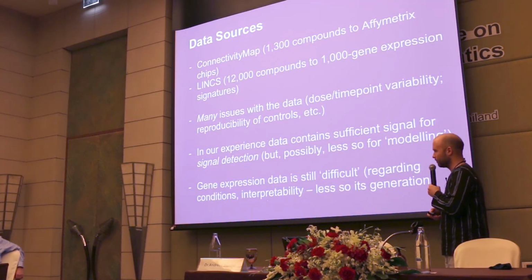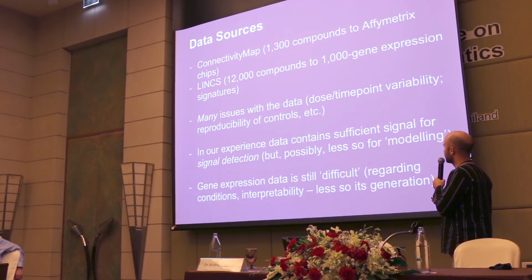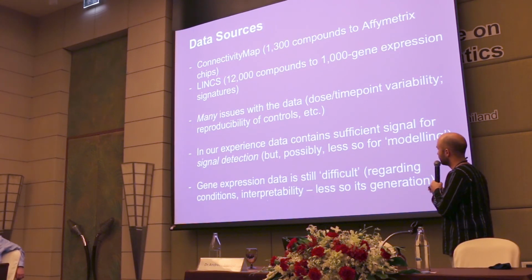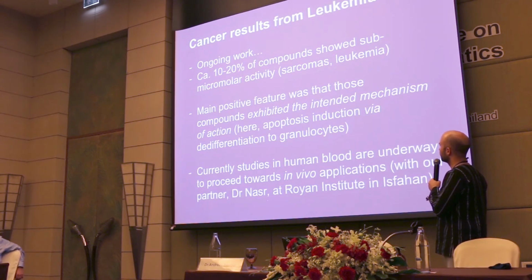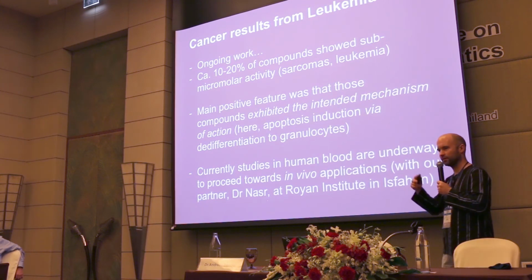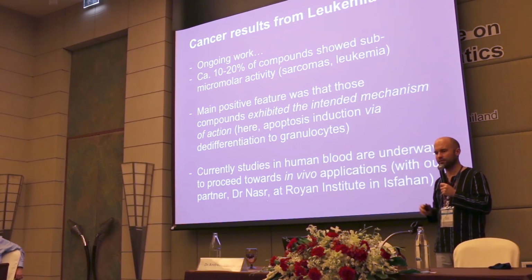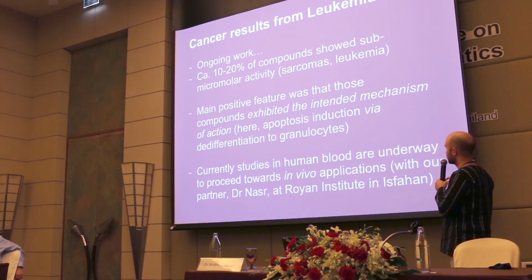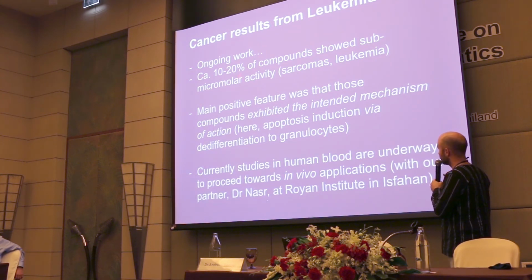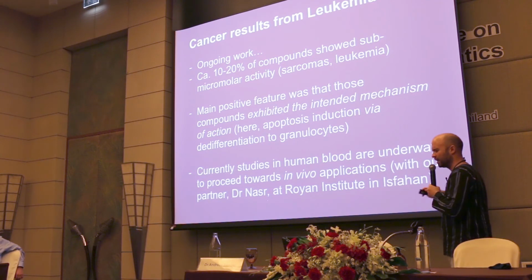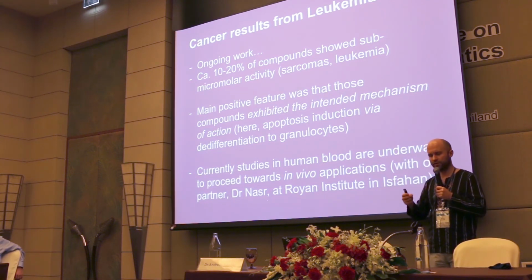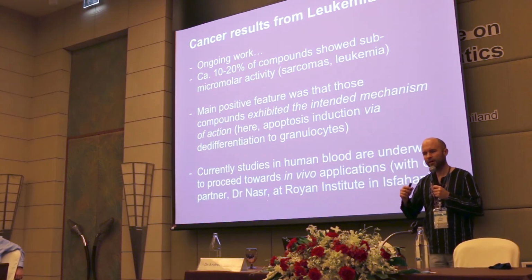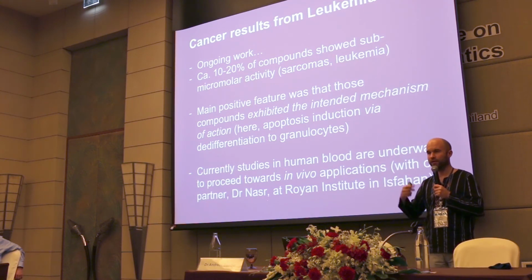And so we use different databases that contain tens of thousands of compounds, and we prospectively validated that in different areas. And that's cancer cell lines as well as stem cell differentiation. What we found very encouraging is that we find a large number of compounds that are active, and they are not only active, they induce apoptosis in cancer cells, but they also do so in the desired way.